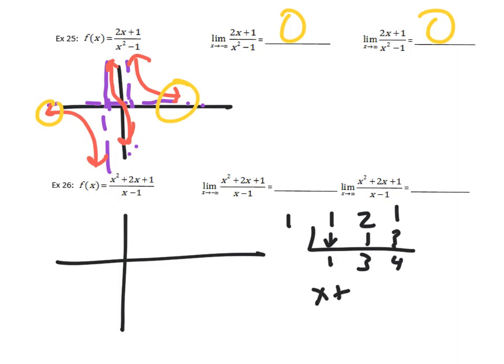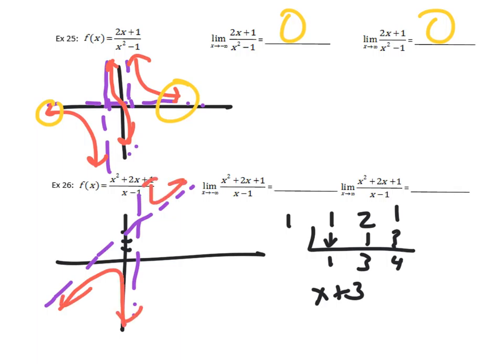So x plus 3. So you're going to have a slant asymptote at y equals x plus 3. You're going to have a vertical one, not a horizontal one, sorry, a vertical one at 1. My graph ends up looking like this and up here.